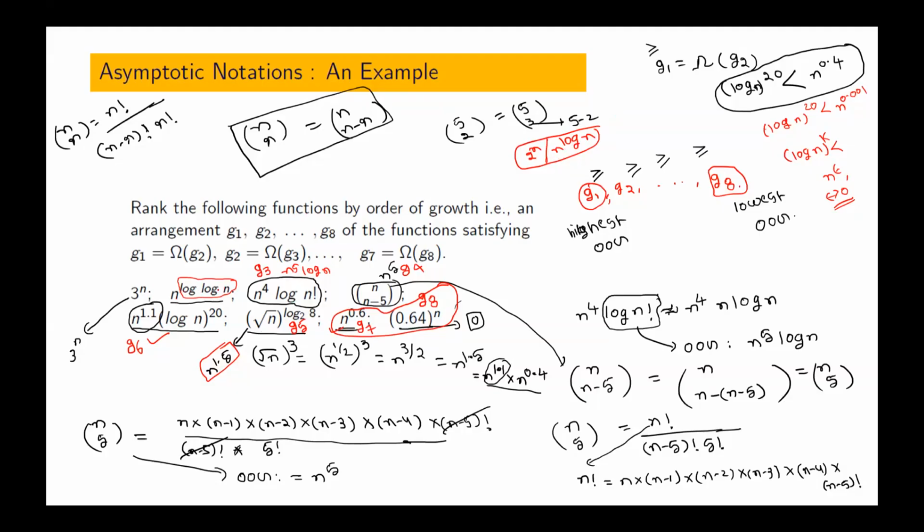It is n power log of log n. n power log of log n is very much smaller than n power log n. We know that n power log n is smaller than 2 power n, and 2 power n is smaller than 3 power n. So finally 3 power n and n power log of log n, what is the relation? 3 power n is very much higher when compared with n power log of log n. So that means this is G2. And the remaining one is G1.